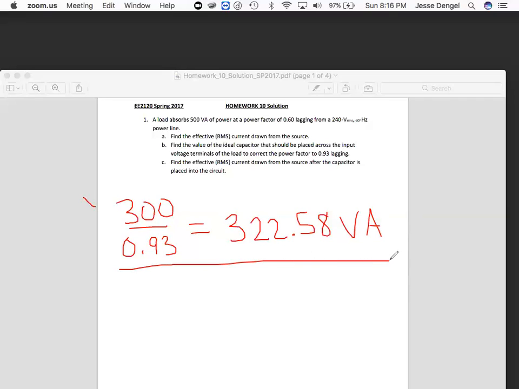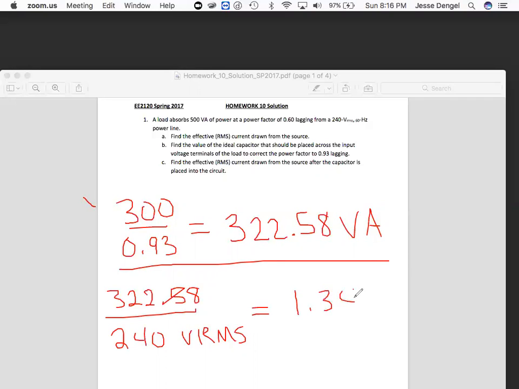Then we have 322.58 divided by our 240 VRMS. And we find that a corrected power factor yields us 1.34 amps only.